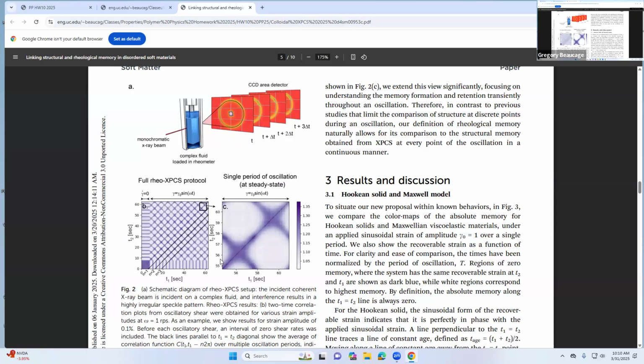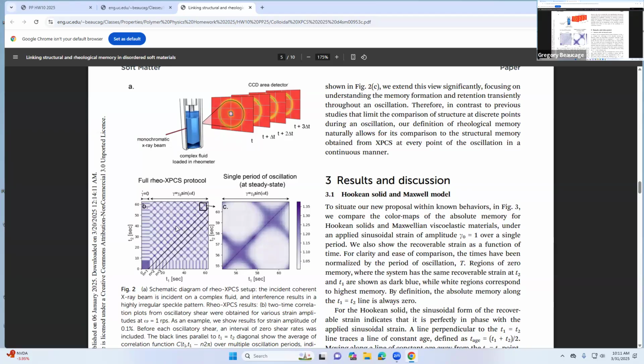Most of the pictures only go up to the repeat period, which is T by 2, where T is the cycle of the oscillation. So he's got like four of these 6-second oscillations going through this thing. Each oscillation is 6 seconds. It turns that way and then back, like a sine wave.